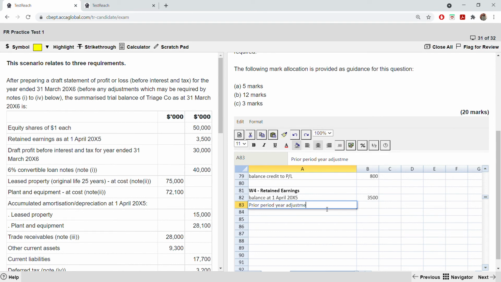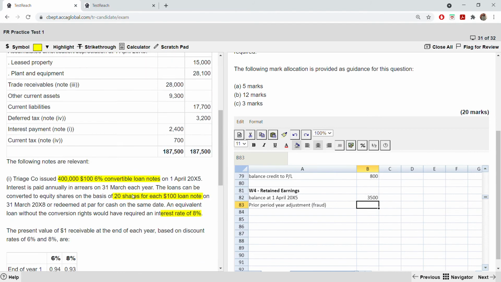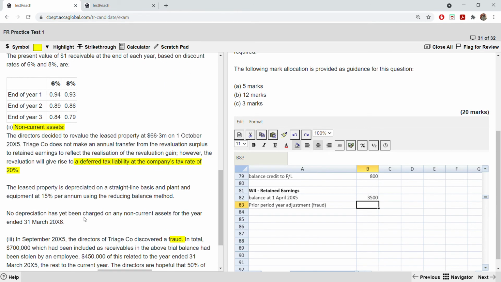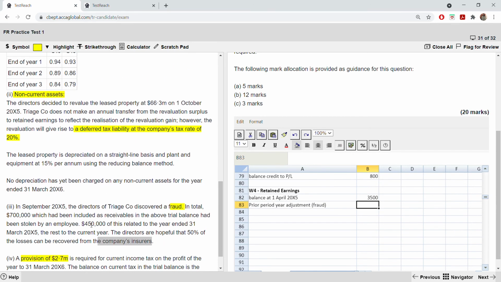At least in the retained earnings calculation you have to, because this comes in the statement of changes in equity. This tells you which one you are using. You are using this 450, remember this 450,000. So you have to minus it. Minus 450.